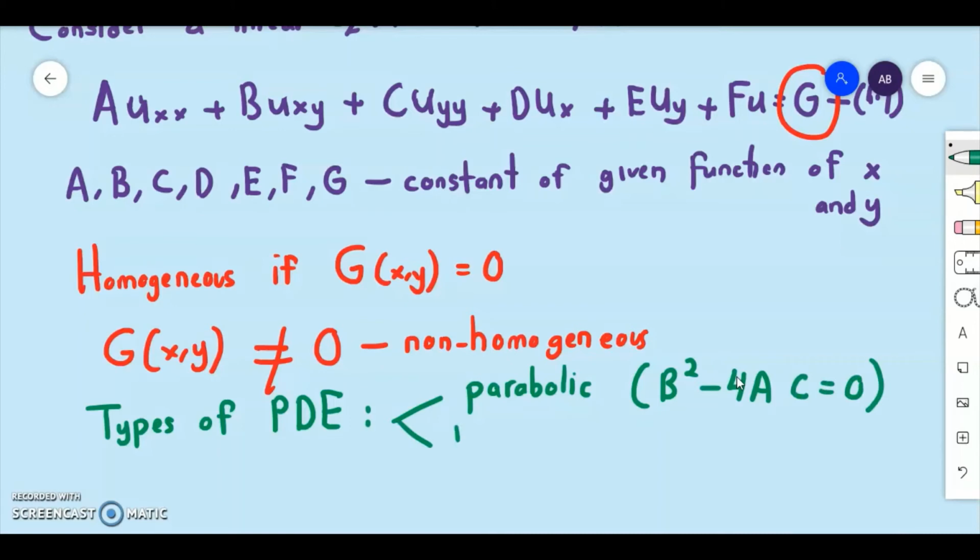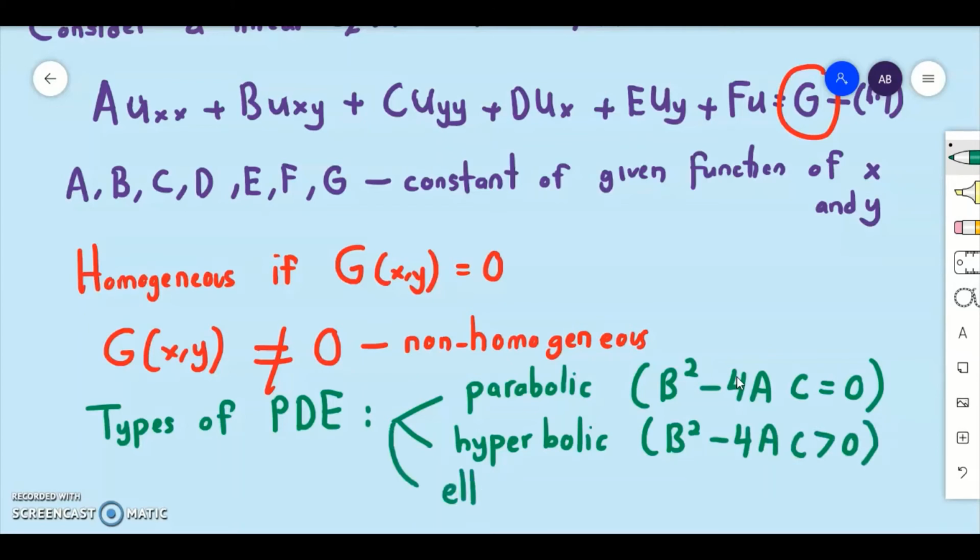And then we have hyperbolic if b squared minus 4ac is greater than 0. And then we have elliptic if b squared minus 4ac is less than 0.